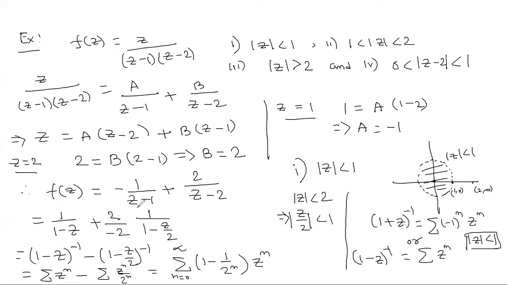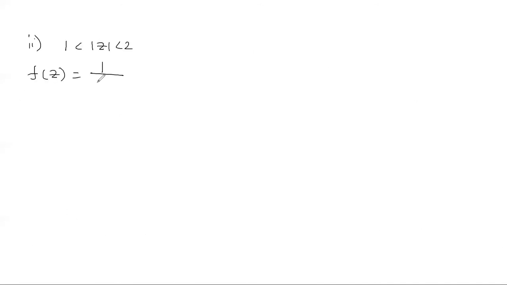So f(z), case 2: 1 less than mod z less than 2, and our f(z) is 1 by (1 minus z) plus 2 by (z minus 2). So now mod z is strictly greater than 1, right?